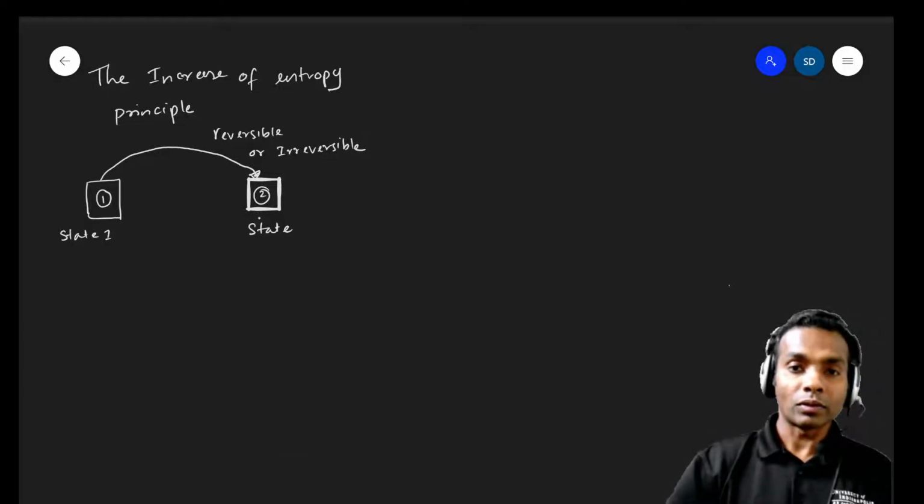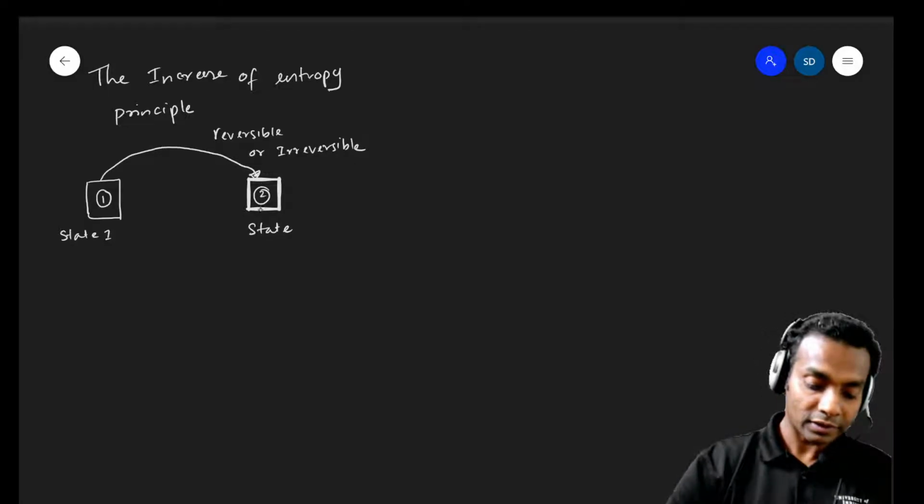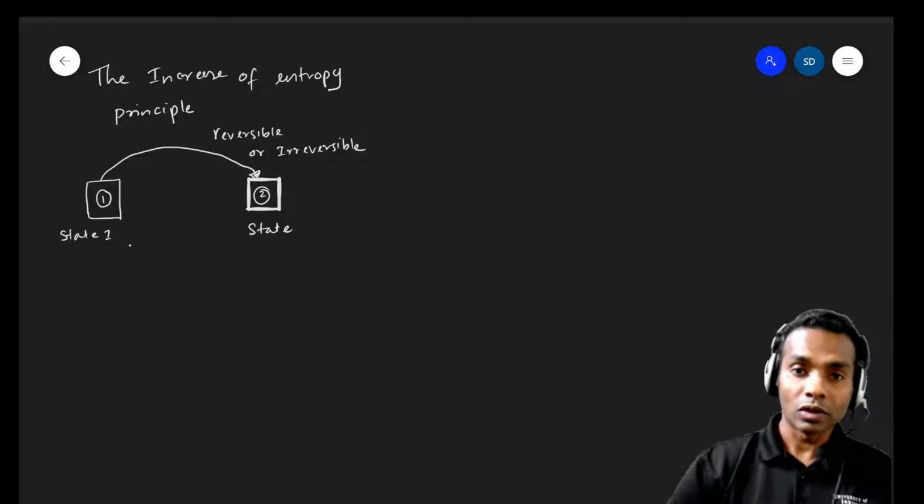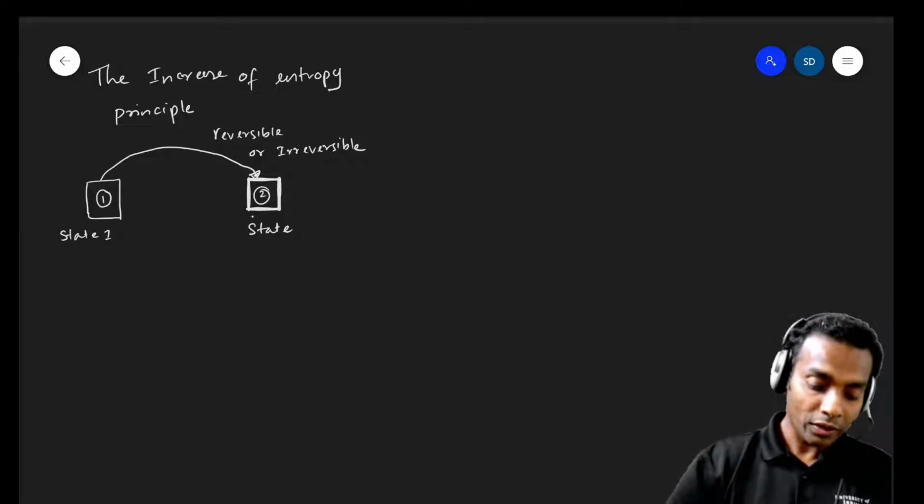But to complete the cycle, now the system transfers back to the state 1. Now we're going to use a reversible process to transfer that back into state 1. This is a reversible process.